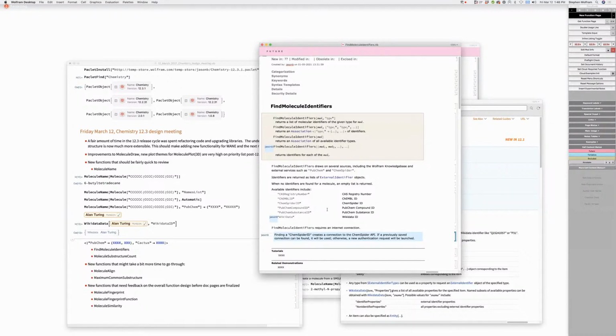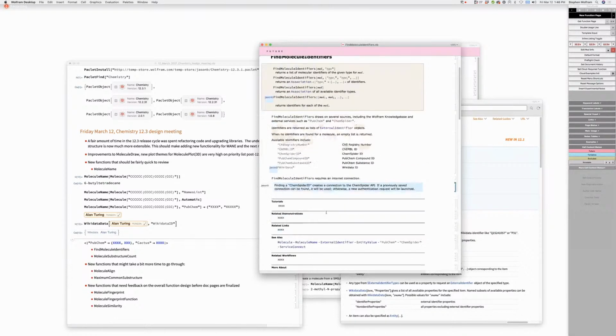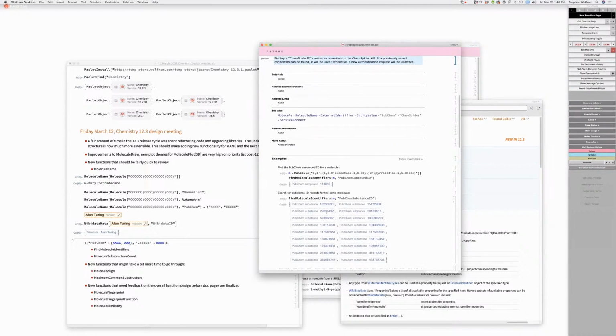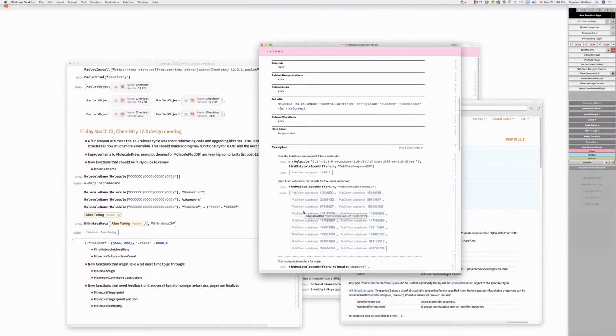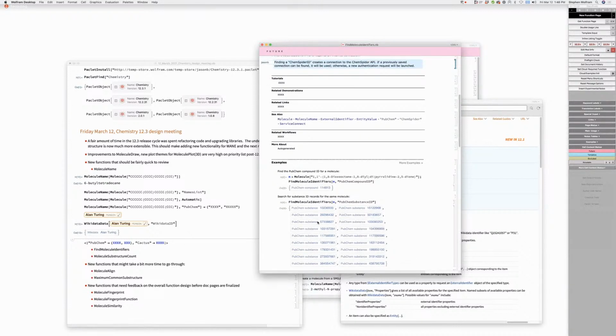And wait a minute. Lists of external identifier objects. So some identifiers are supposed to be unique, so there should only be one compound ID, but some are definitely not, so there would be multiple substance IDs. And so the default is just to always use a list.